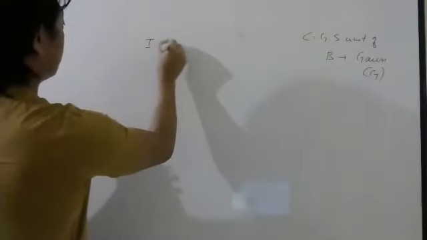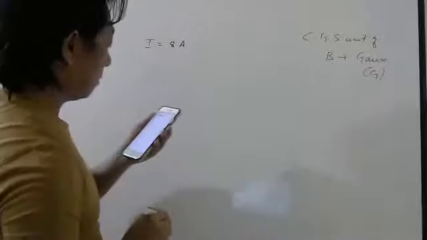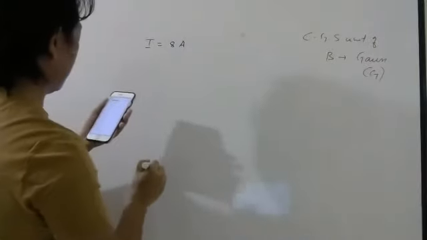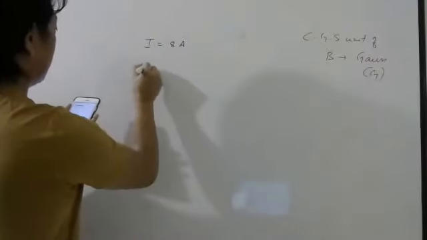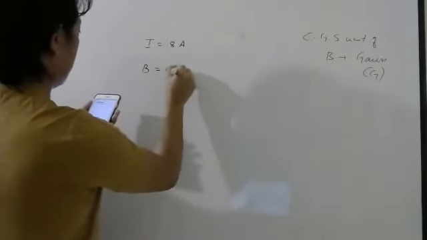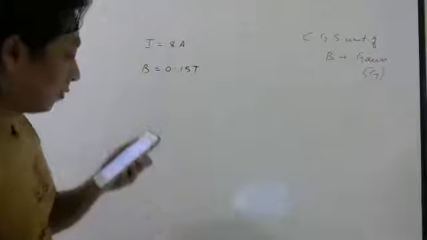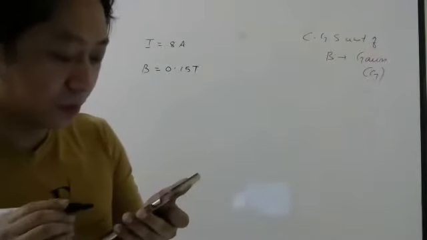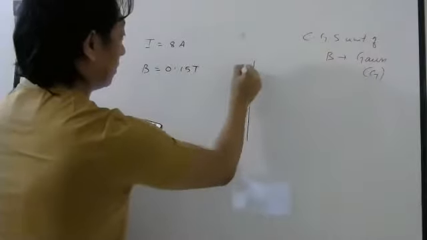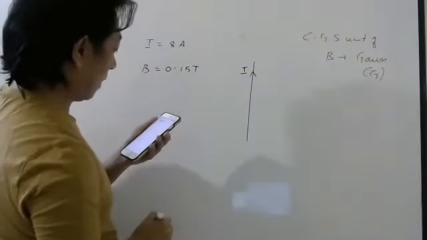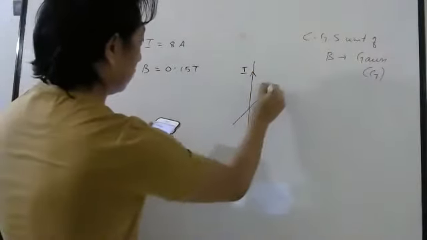So current is 8 ampere, making an angle of 30 degree with the direction of uniform magnetic field. Magnetic field is 0.15 Tesla. So if you repeat the question once, you will come to know that the current carrying conductor makes an angle of 30 degree with magnetic field.